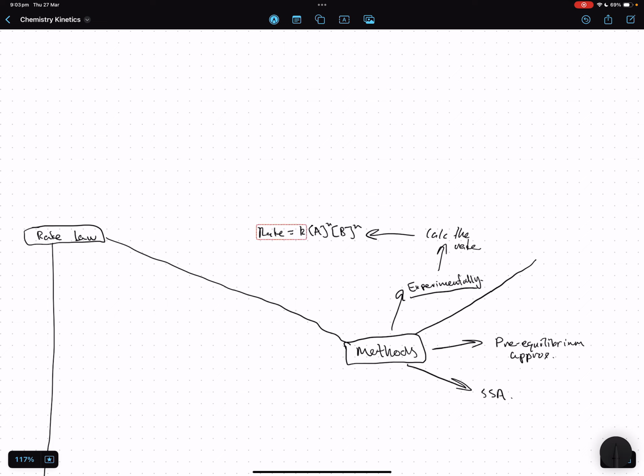If you have an equation that doesn't change b from one condition to another, and you can measure the rate, this k is going to be the same, and this b is going to be the same, so you can calculate for a, since a is going to change, and vice versa. If you keep this constant and you change this one, then you can measure that change if you know the rate, because the k remains the same. So that's the experimental process.